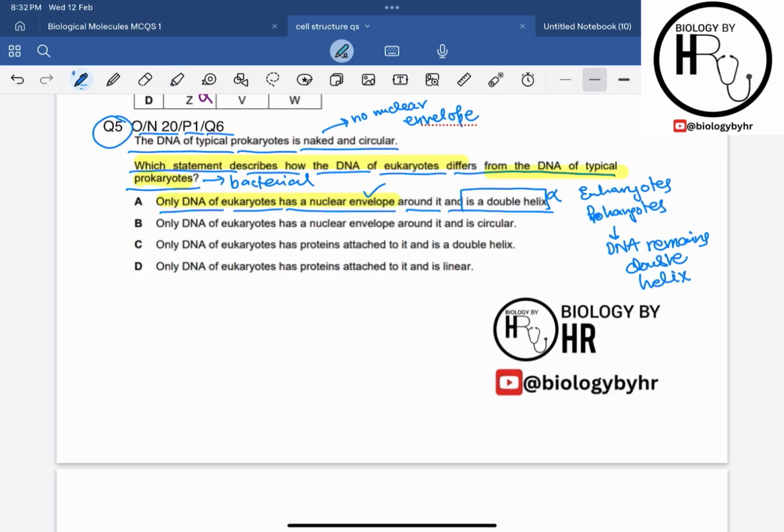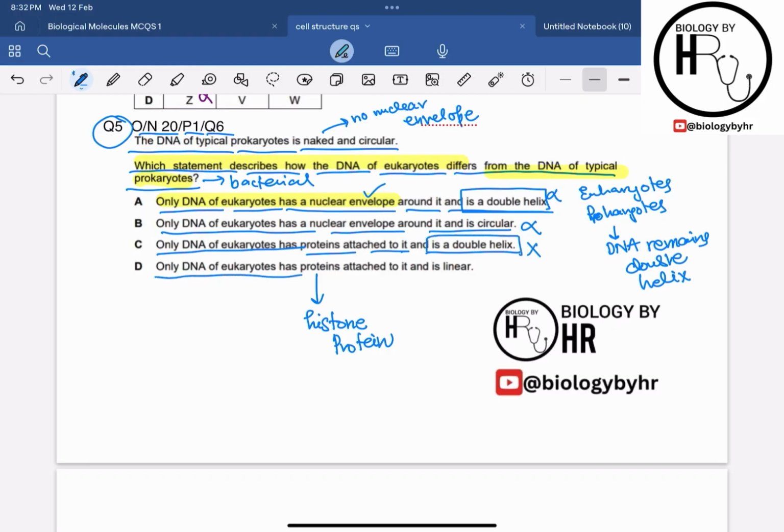So this is not a differing point, the double helix part. Only the DNA of a eukaryote has the nuclear envelope around it and is circular. No, the DNA in the eukaryotic cell is linear, right? Only DNA of the eukaryotic cell has protein attached to it. Yes, this is correct. If you know about the proteins, they are basically talking about the histone proteins in the chromatin threads, right? And is a double helix. Again, the double helix thing is incorrect, right?